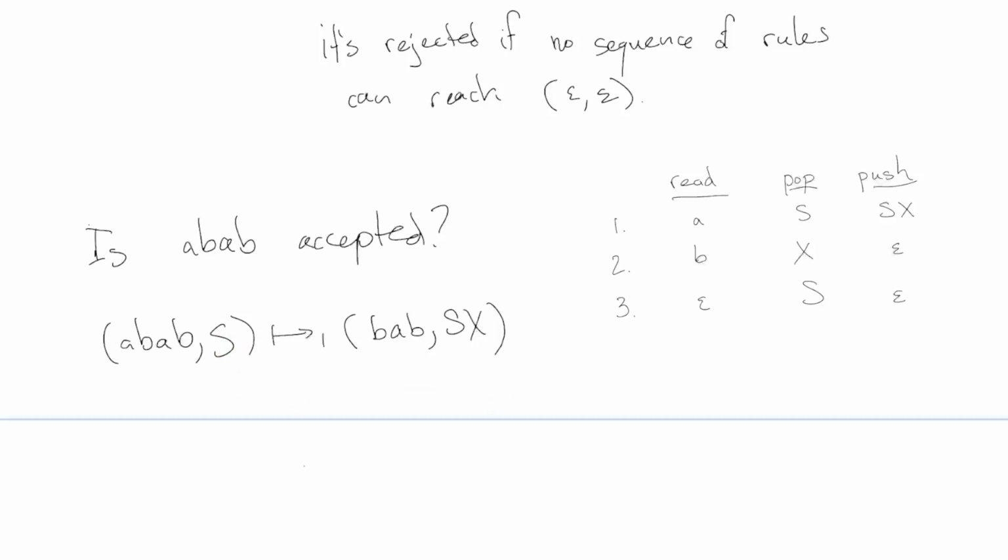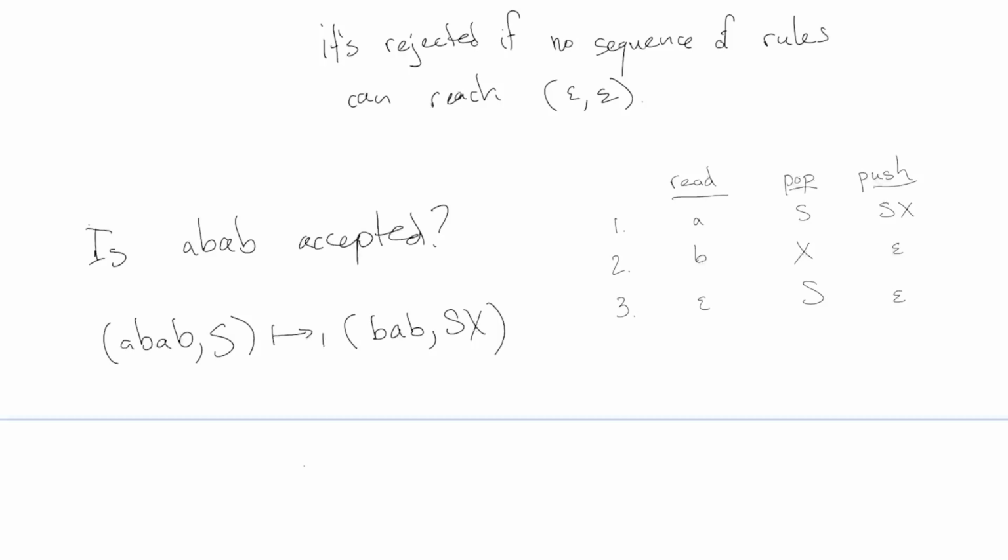So if you for some reason chose to do that rule first, you would be immediately stuck in the next step. Now that doesn't necessarily mean the string is rejected. It just means the way that you tried to do it was not the right way to do it. So you have to consider all different possible ways that you could have done it to rule out being accepted in any eventuality.